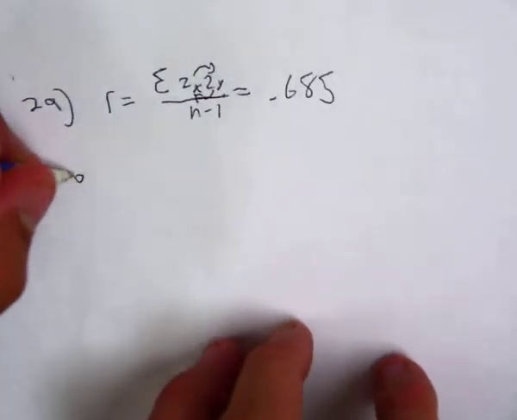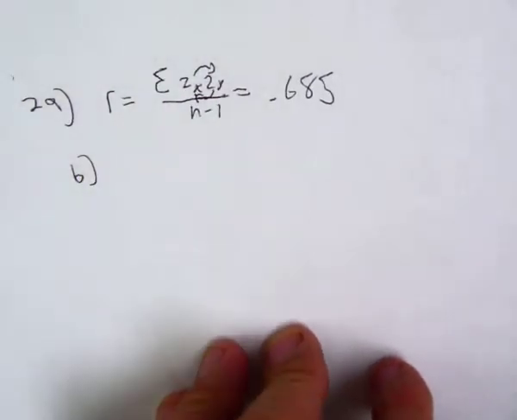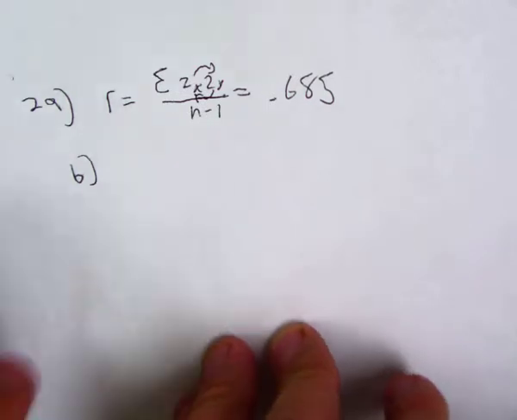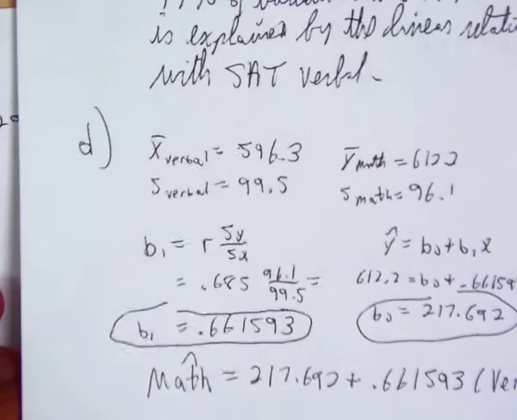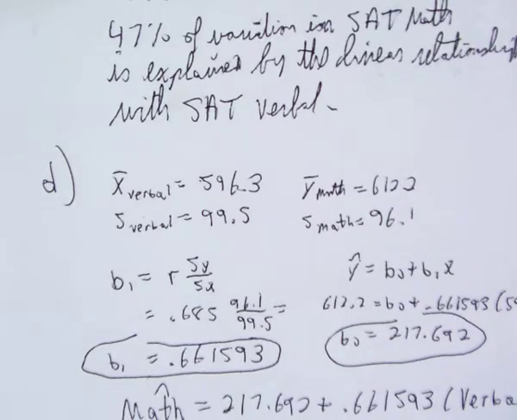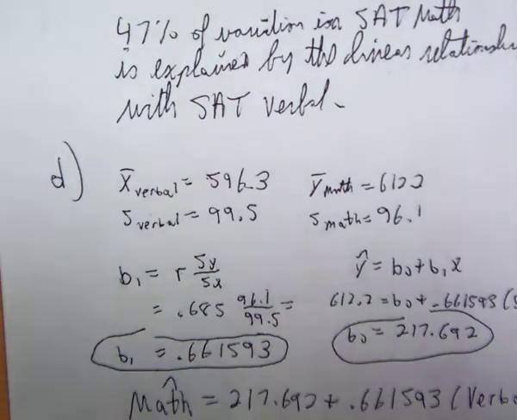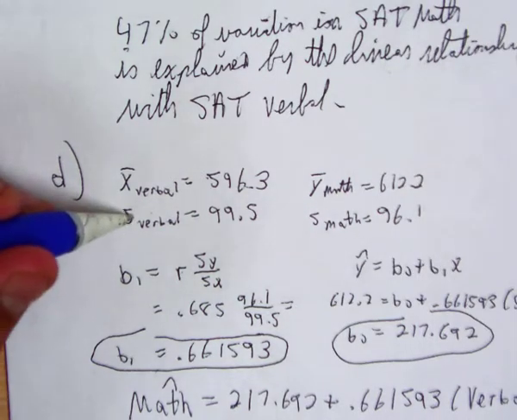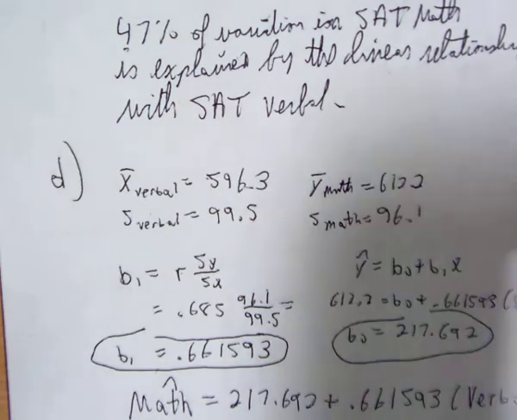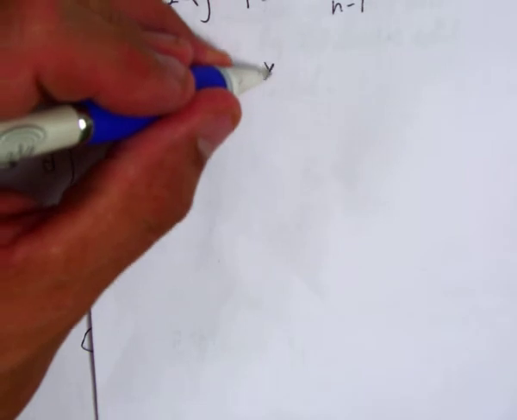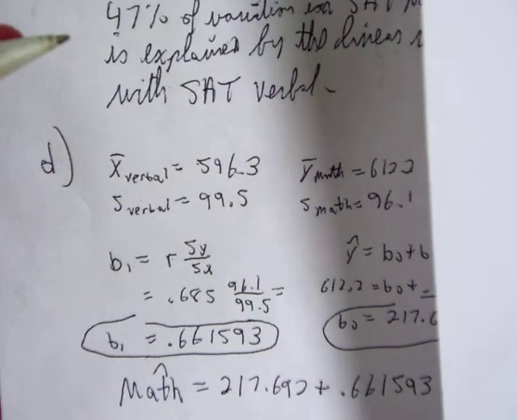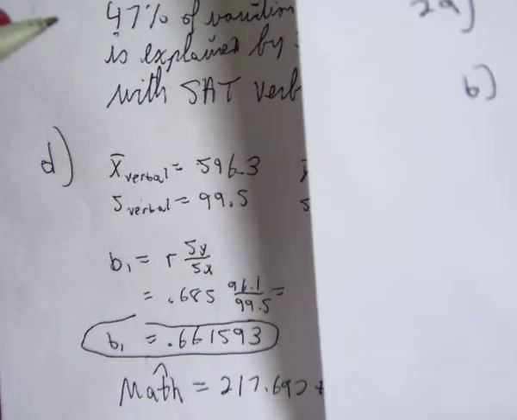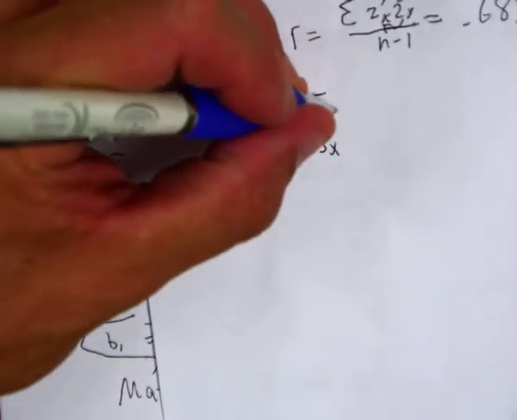Okay? And then it says in B, we got to write the equation of the regression line. Okay? So remember what we did in the last problem? We did this, right? So here's what we're going to wind up doing. These are going to become the y's, these are going to become the x's. So x bar, I'm sorry, x bar sub math, I'm using math now to predict.